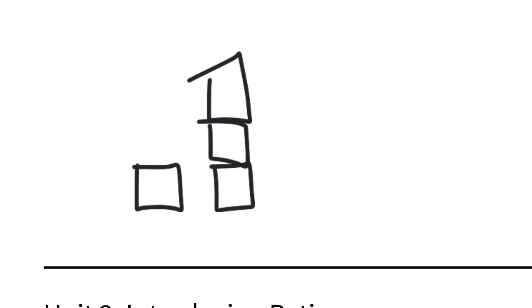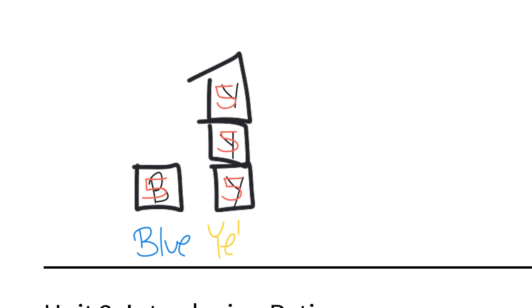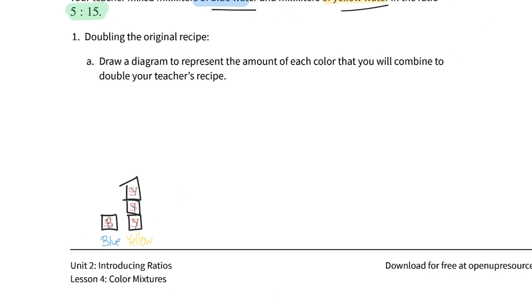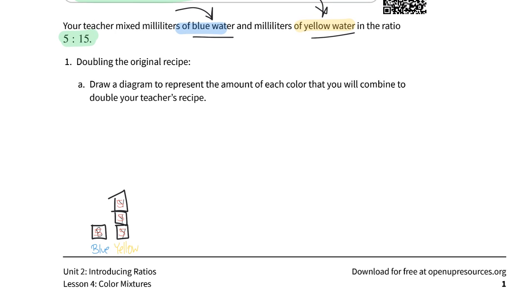So this is the blue, and this is the yellow, yellow, yellow, and each of these is a 5, let's say. So really, I should label these 5, 5, 5, and 5, and then call this the blue, and call this the yellow. All right, so there's my original 5 to 15 ratio of blue to yellow.